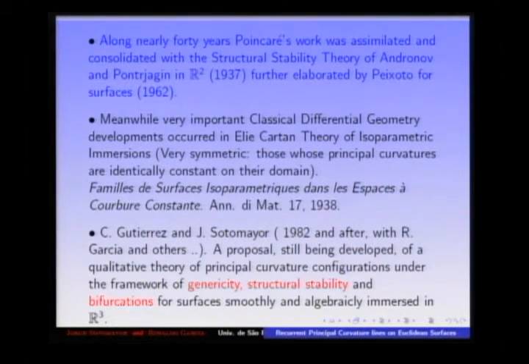I cannot resist commenting that since my lecture is about the interaction between classical differential geometry and classical dynamical systems, while this very important work was being done in 1937, around that same year, in 1938, there was an enormous work done by Elie Cartan in 4 papers, studying the isoparametric immersion.